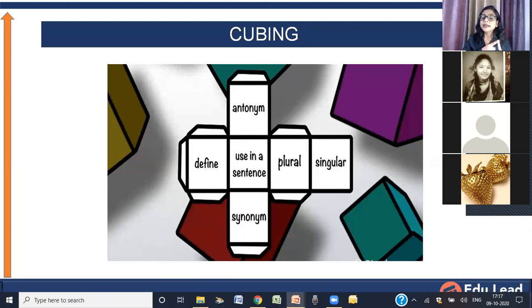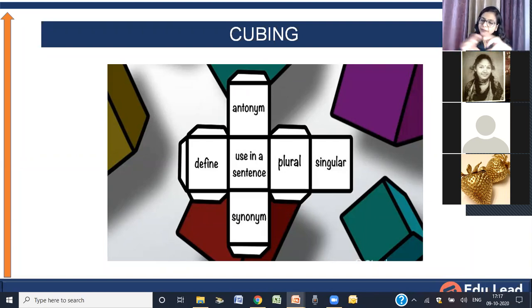That's one way of doing it. Second, you can say that I'll provide six words, and for each word, you have to do one of these things. For the first word, each student will write one sentence, a plural for the second word, a singular for the third word, and so on. Or otherwise, you can divide the children into groups and say this group will only define, this group will only give antonyms, this group will only give synonyms.